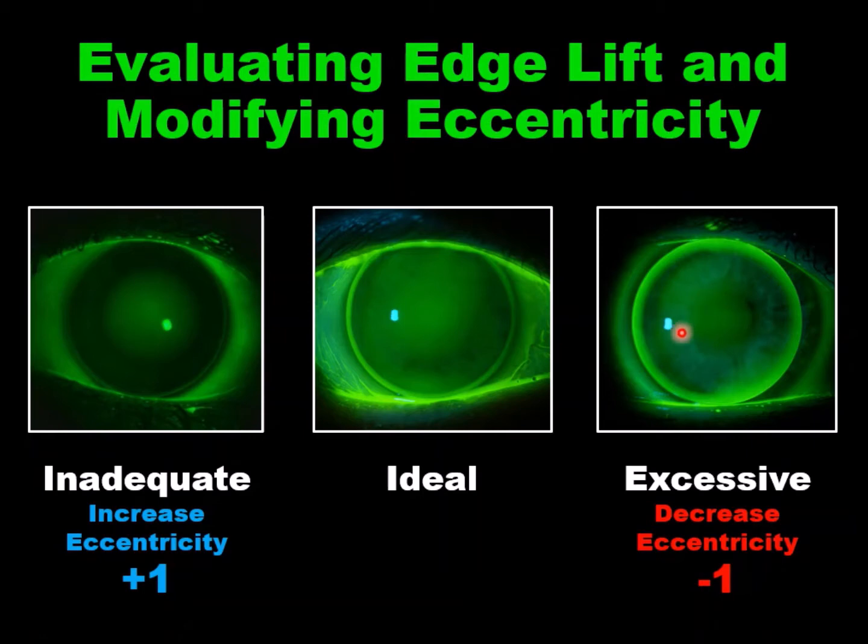So the central relationship, the sagittal depth of the lens is good, but the eccentricity of the lens is excessive. In this case, we would order standard -1 as the typical adjustment to reduce that edge lift. We can go in smaller increments or larger increments as required, but a 1-step plus or minus is the typical adjustment to make a significant change.